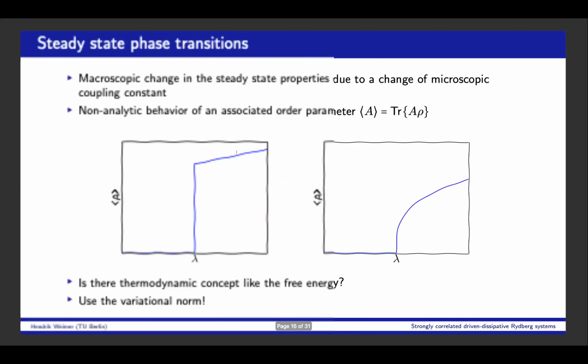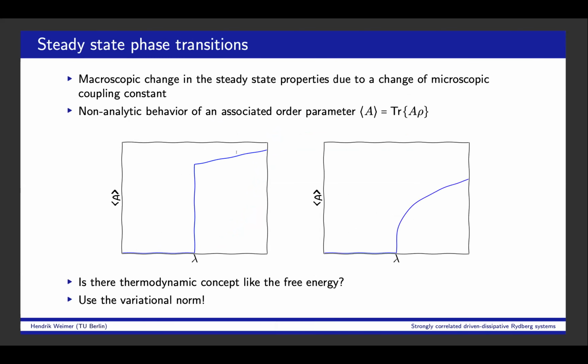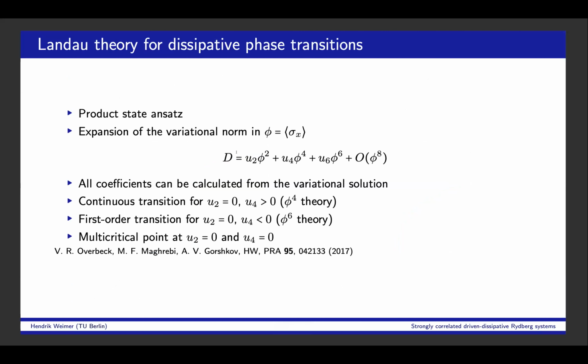So far what I've shown you is essentially a first order transition in steady state. You can also have continuous transitions, and we have found ways to analyze that. Essentially, the idea is to use the variational norm as a concept of the free energy, and then you can play exactly the same games.